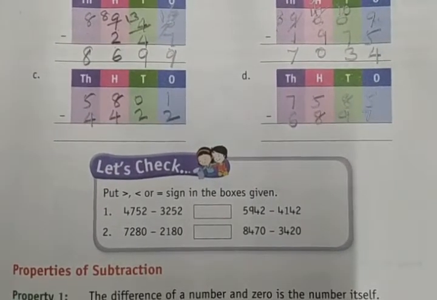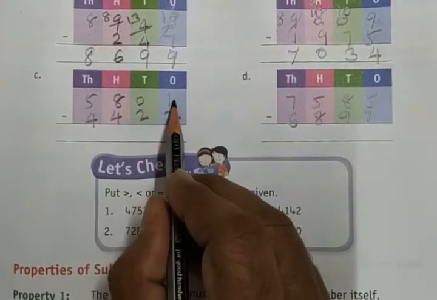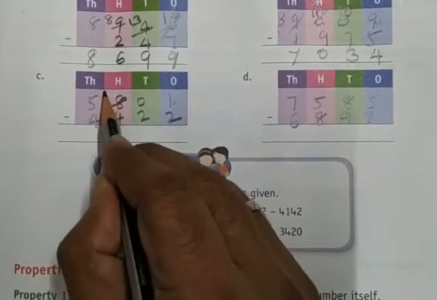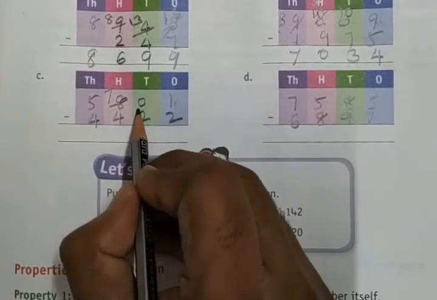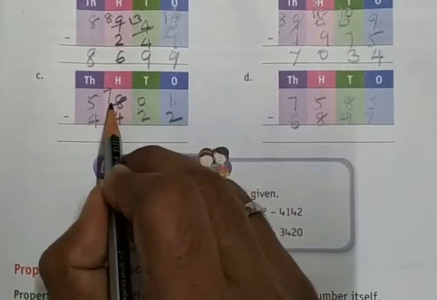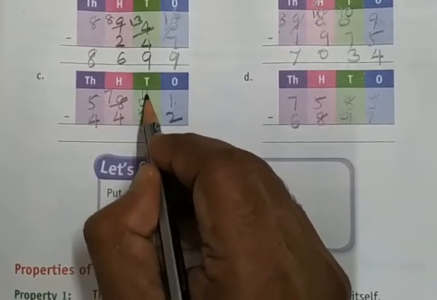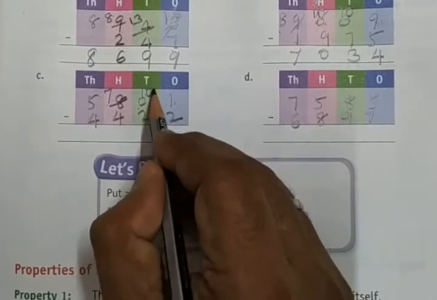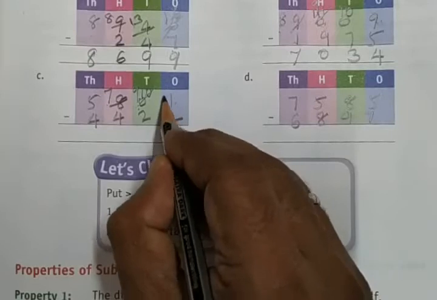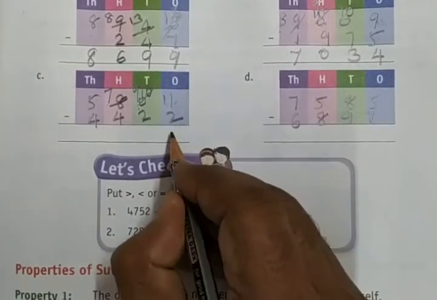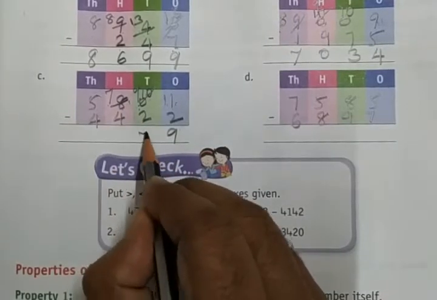Okay, next example. 1 minus 2 is not possible. From 0 we can't borrow. From this we have to borrow from the 100 place. First we have to skip this and borrow from the tens place. 8 becomes 7, 0 becomes 10. From 10 you have borrowed 1, so it will become 9 and the 1 that is already there makes it 11. 11 minus 2 is 9. 9 minus 2 is 7.